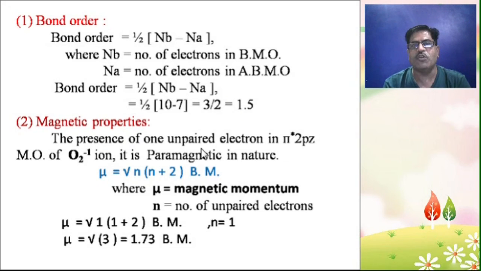The presence of one unpaired electron in the pi star 2pz MO of the O2 minus 1 molecule ion makes it paramagnetic in nature. So mu is equal to under root n plus 2, where n is equal to 1. So under root 3, again mu is equal to 1.73 Bohr magneton.